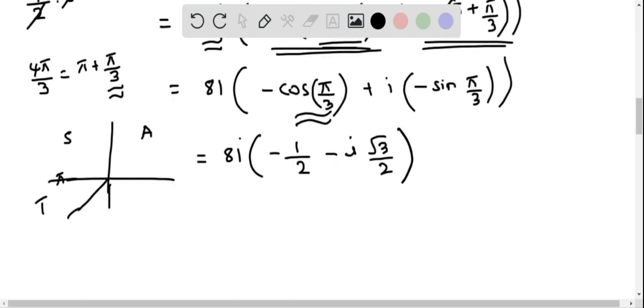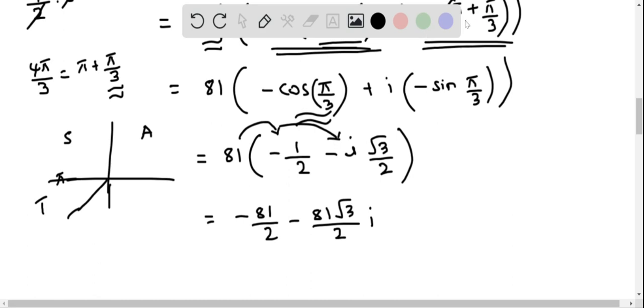Now let's distribute this 81 into the two terms inside the brackets. So this becomes negative 81 over 2, and then we have negative 81 times root 3 over 2, which is 81 root 3 over 2 i.